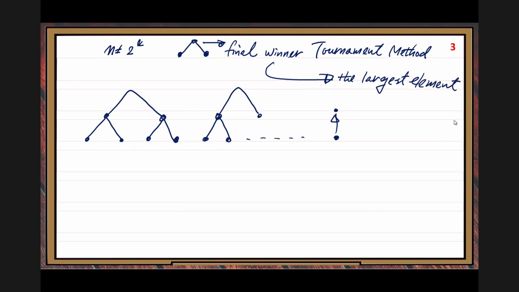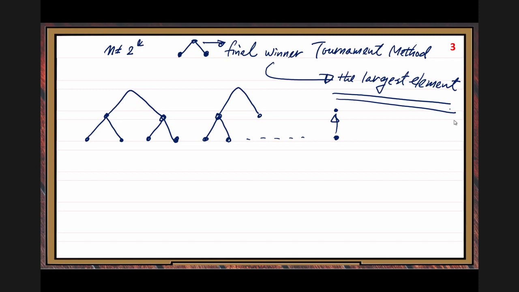Because every time we compare two elements, the larger one is the winner here. So the final winner is easy to identify.